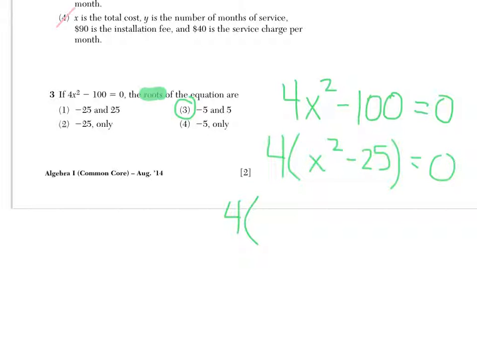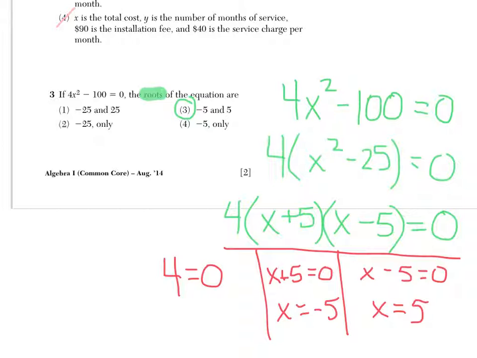So I'm going to create my double skeleton template, parentheses, and x times x would give me my x squared, and I'm looking for two numbers that multiply to negative 25, so a positive and a negative 5, and they also have to add to 0. So that's how I know that they are the same number.